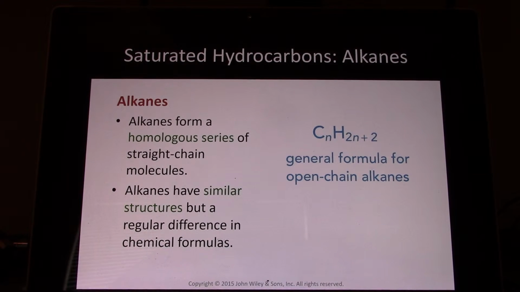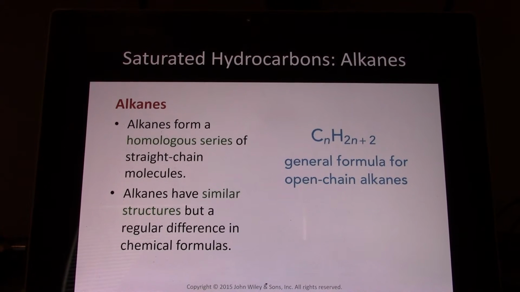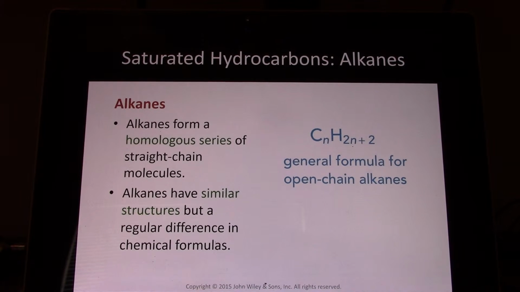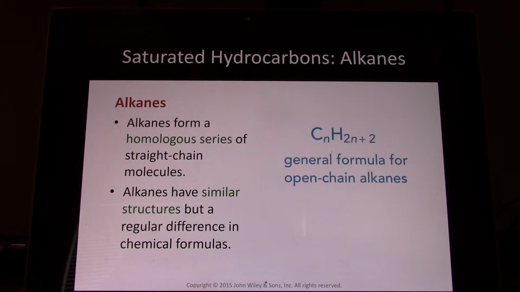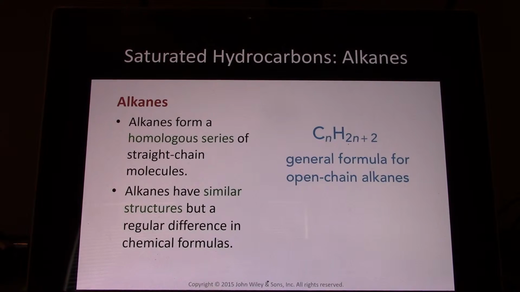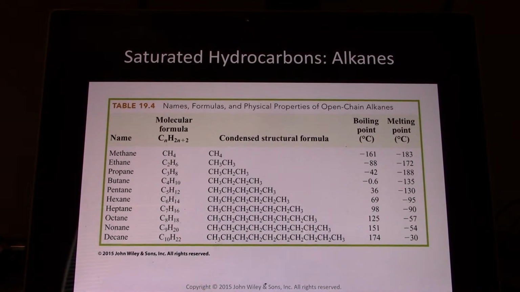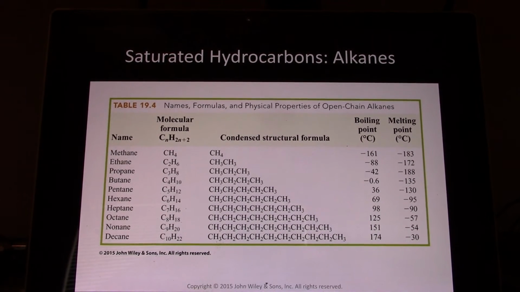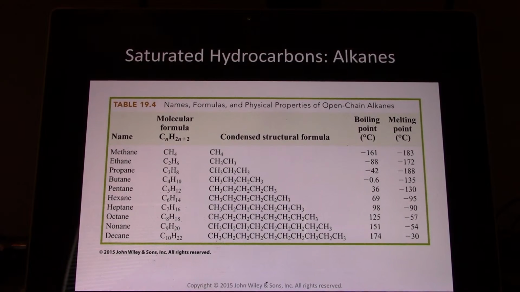So for propane, C3H8. Because 2 times 3 is 6 plus 2 is 8. Butane, that would be C4H10, because 4 times 2 plus 2 is 10. So this is the general formula for open chain alkanes. And here we see methane, ethane, propane, butane, pentane, hexane, heptane, octane, nonane, decane.